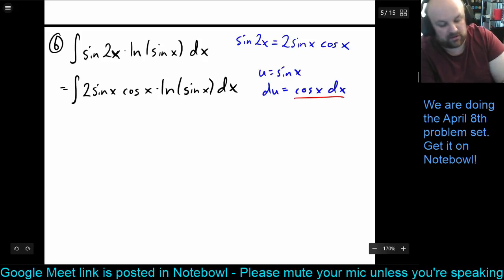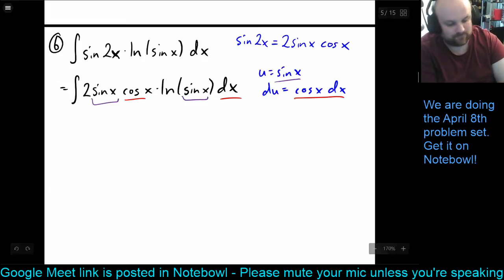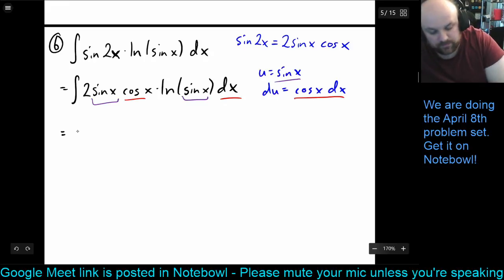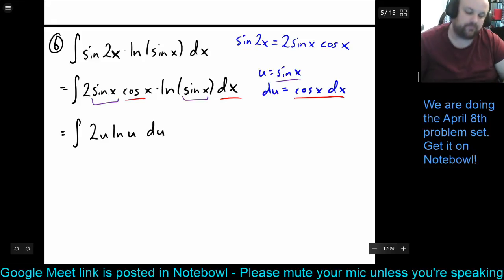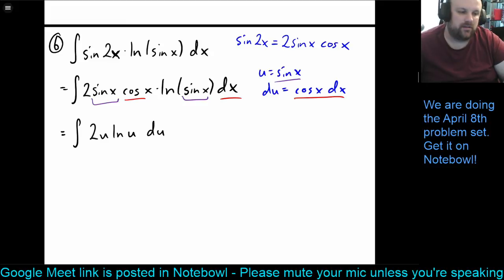So this whole part is right here now. And we have one u here, and we have another u out here. So this is the integral of 2u ln of u. What do we do from here? Well, we just have to do integration by parts.